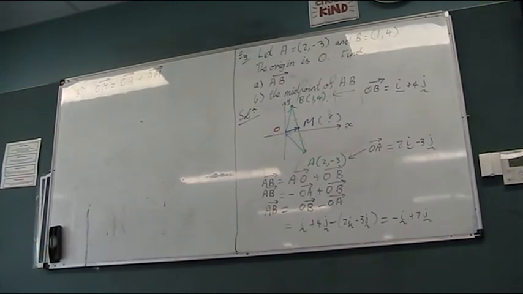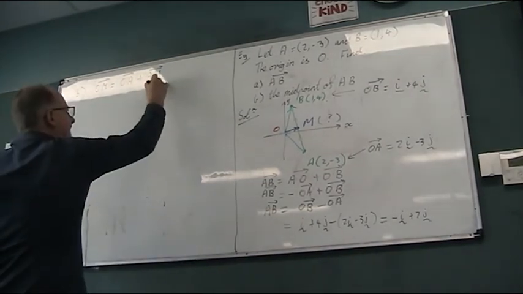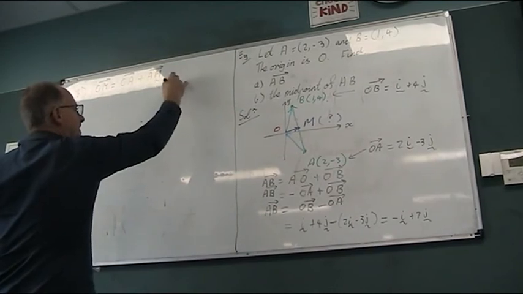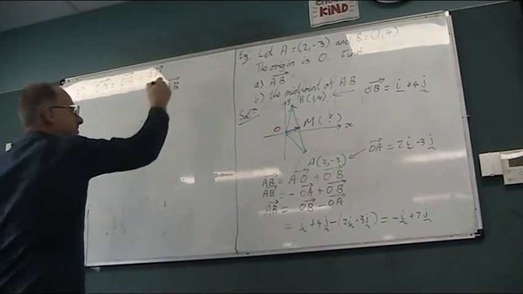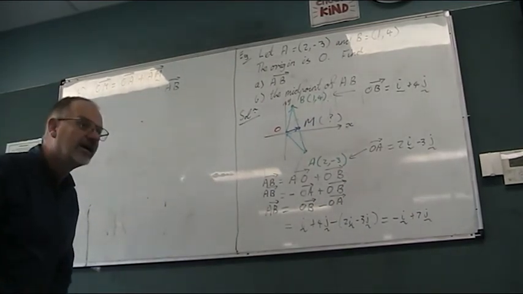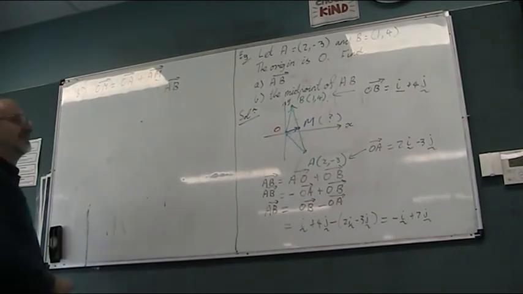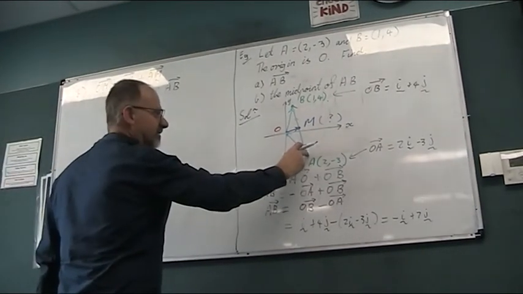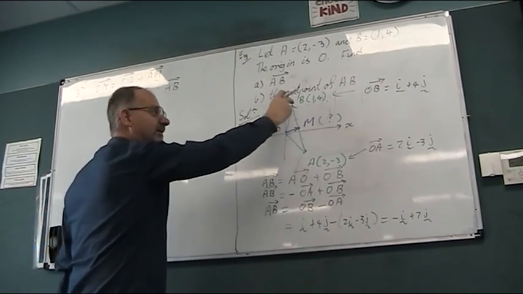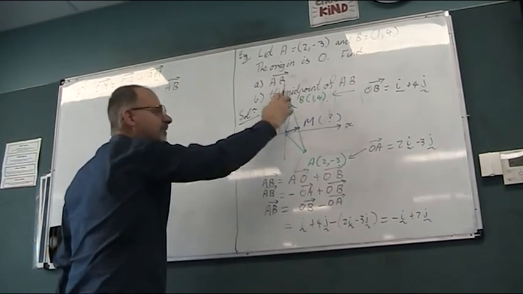Now, what do I know about A to M in terms of A to B? Anything? M is the middle. So the distance there to there is half of there to there, yeah?